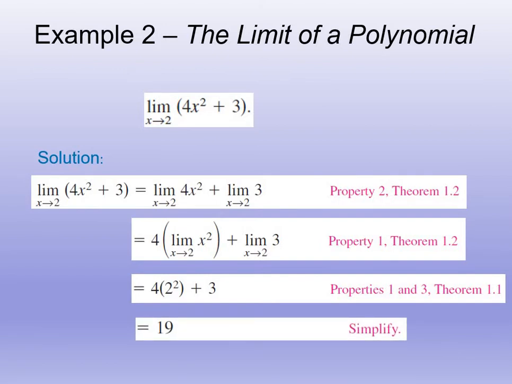Do you need to rewrite it this way? Not necessarily. With a polynomial, we can substitute in right away and evaluate and get 19. That's okay, but it's understanding the basics of how you apply these theorems that allows you to do the direct substitution to get the answer of 19.